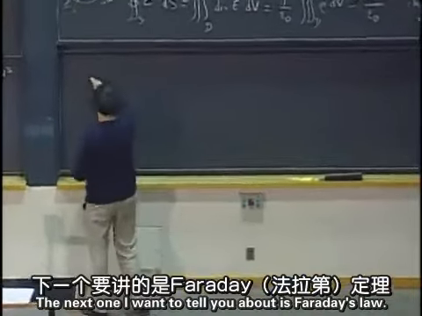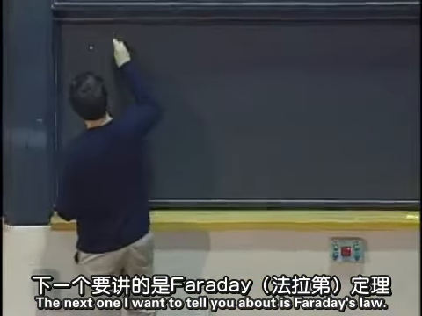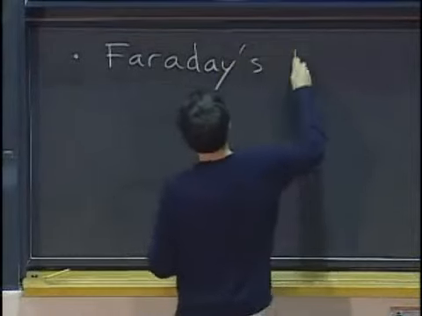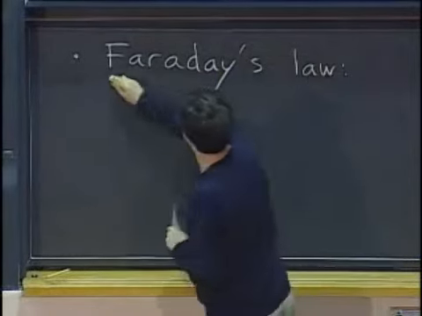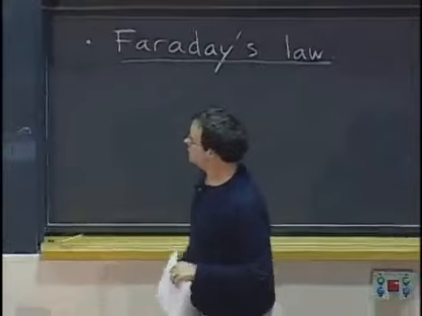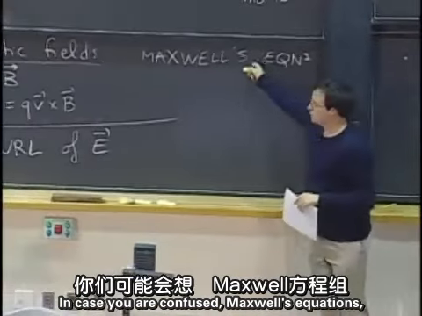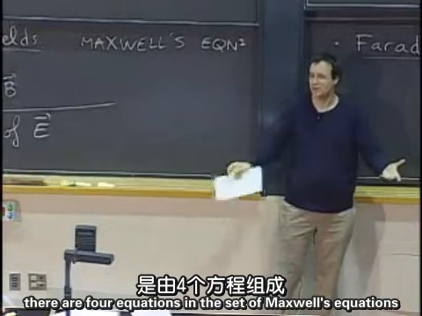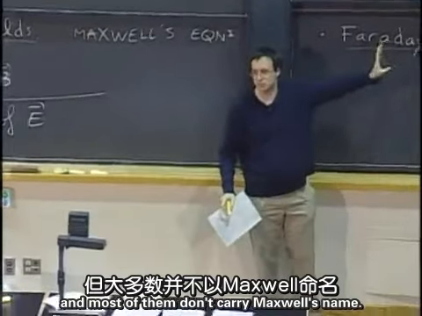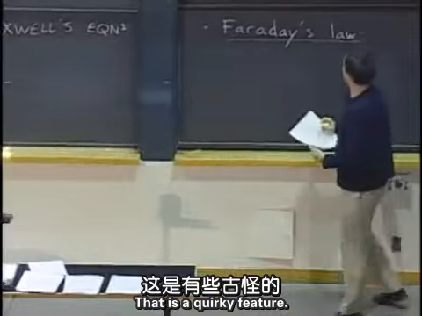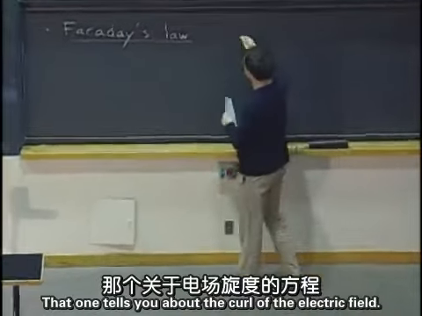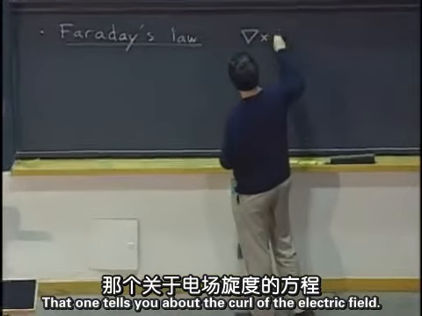So the next one I want to tell you about is Faraday's law. So in case you're confused, by the way, Maxwell's equations, so there's 4 equations in the set of Maxwell's equations, and most of them don't carry Maxwell's name. I mean, that's a quirky feature of them. So that one tells you about the curl of the electric field.